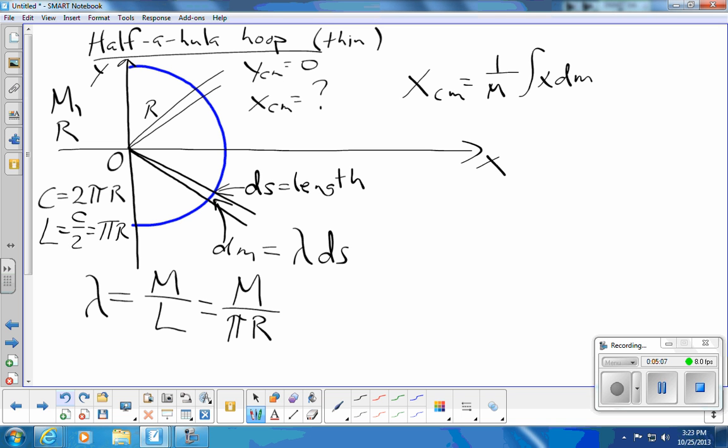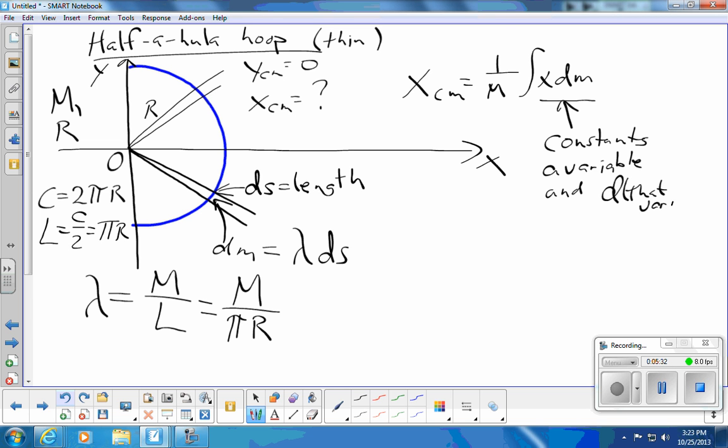Let's see. That is not really getting me towards my goal. My goal, of course, as usual, is to get everything on the right-hand side of this integral sign to be constants, a variable, which usually has been x, but it's not going to be this time, and d of that variable.